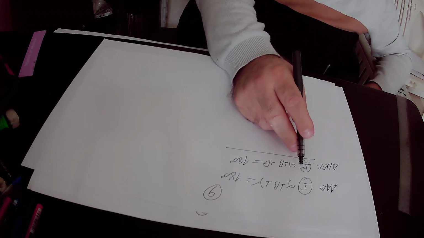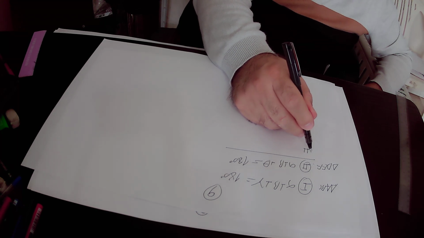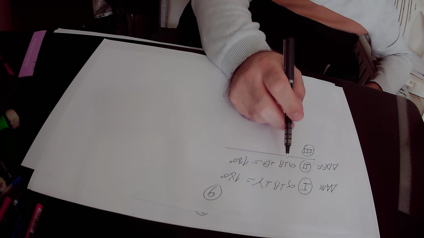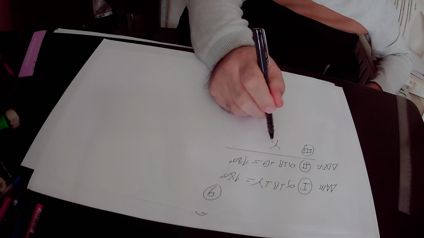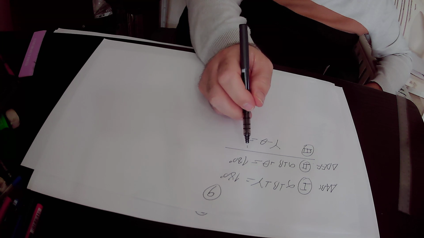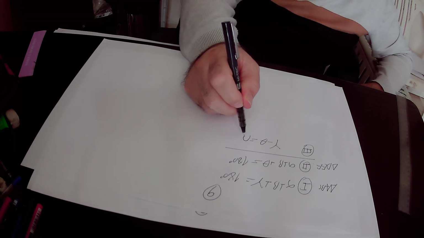So we will subtract equation number 1 from equation number 2, and we will get that alpha minus alpha is 0, beta minus beta is 0, and gamma minus theta equals 180 degrees minus 180 degrees. This is to say it equals 0.